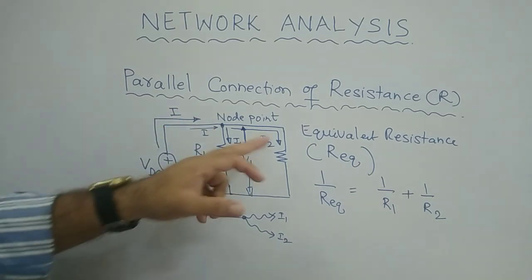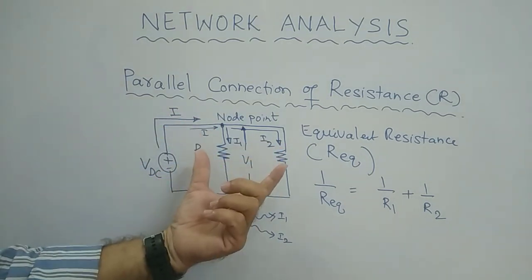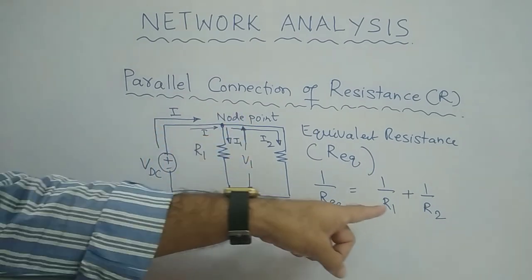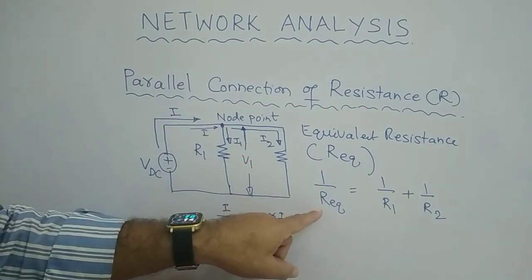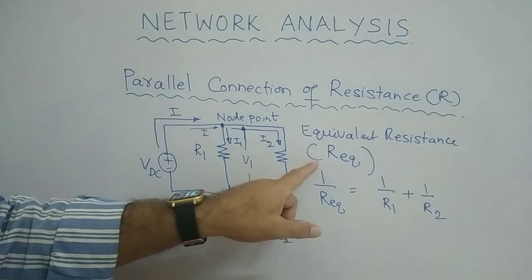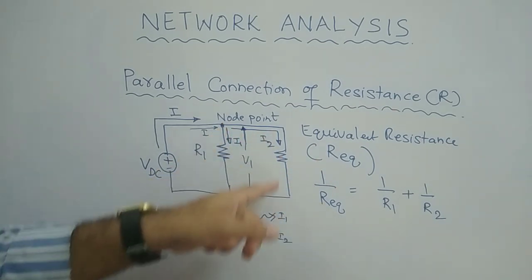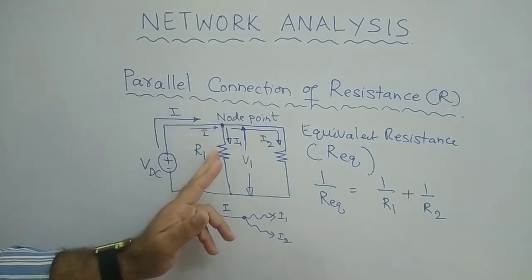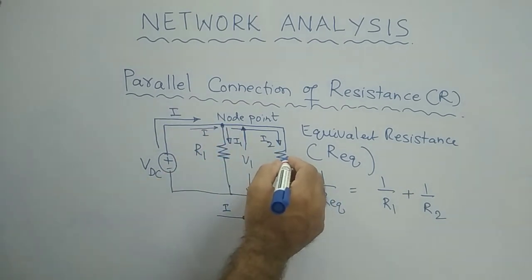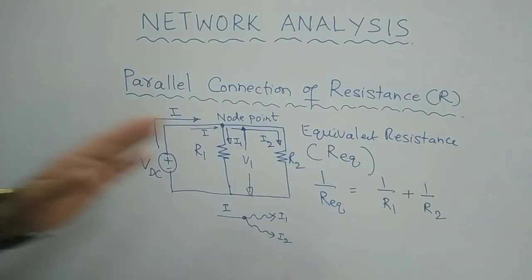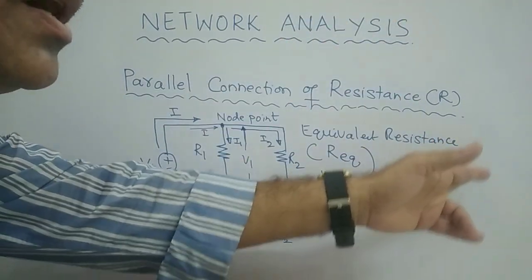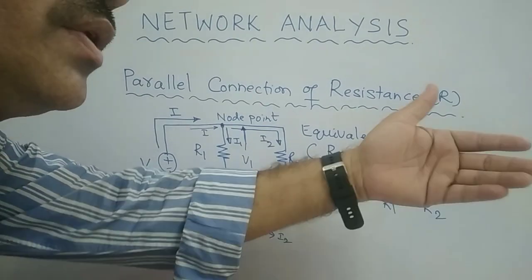In a parallel combination, the equivalent or total resistance can be determined using this formula, because it is a parallel combination. If you have R3, R4, R5, R6 and so on, then you write 1 by R3 plus 1 by R4 plus 1 by R5 like that.